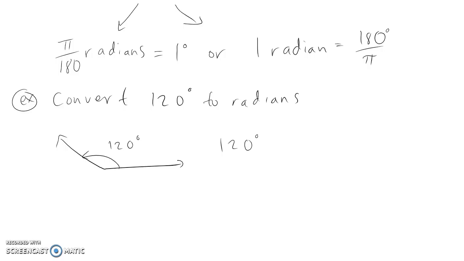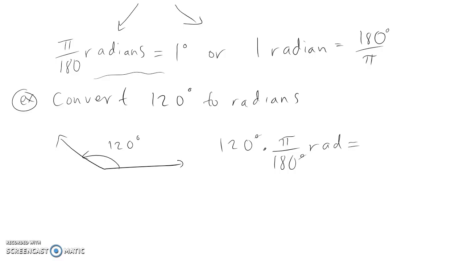So we're going to take 120 degrees and multiply it by pi over 180, right? I do that so that the degrees cancel. And I know that there are pi over 180 radians in 1 degree.